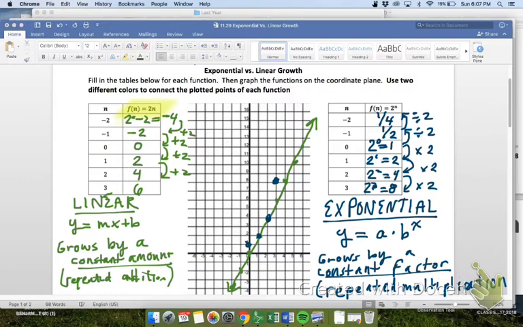Then I can estimate negative 1, 1/2 to be about halfway in between, and negative 2, 1/4 is really close to the x-axis. Then I can sketch the curve that goes through those points, and we can see the difference between an exponential curve and a linear curve, which is a straight line. The exponential curve starts out slow at the beginning and then increases faster and faster and faster.